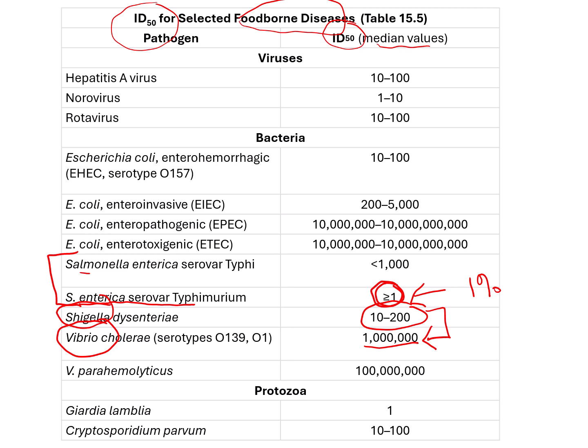Whereas Salmonella enterica serovar typhi has a much higher ID50, 1,000 compared to 1. So you need to be exposed to more cells to become infected, but it has a much higher mortality rate, as high as 10% of untreated individuals compared to the previous 1% for the other serovar.